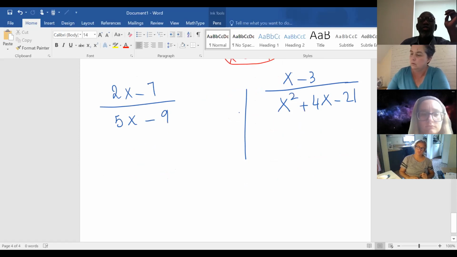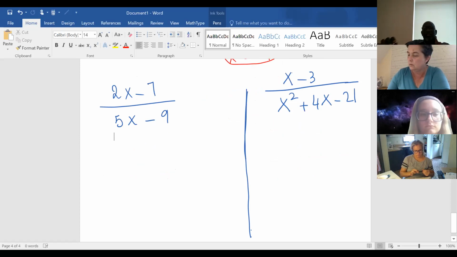What are the excluded values for these two expressions?